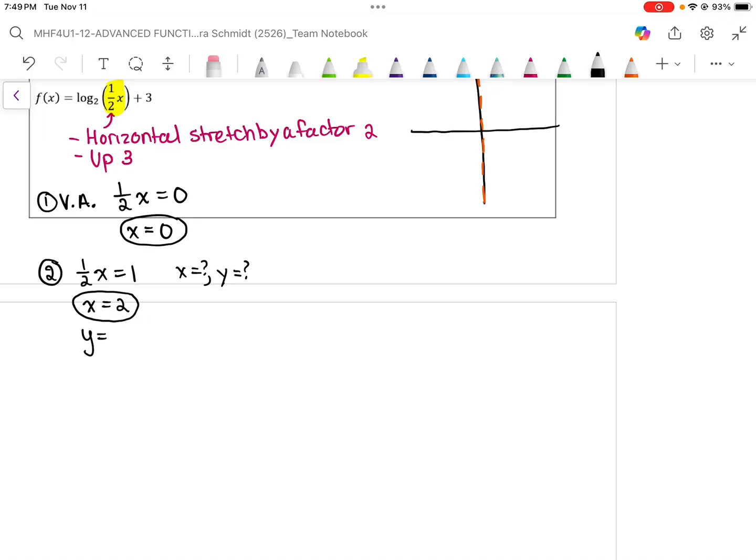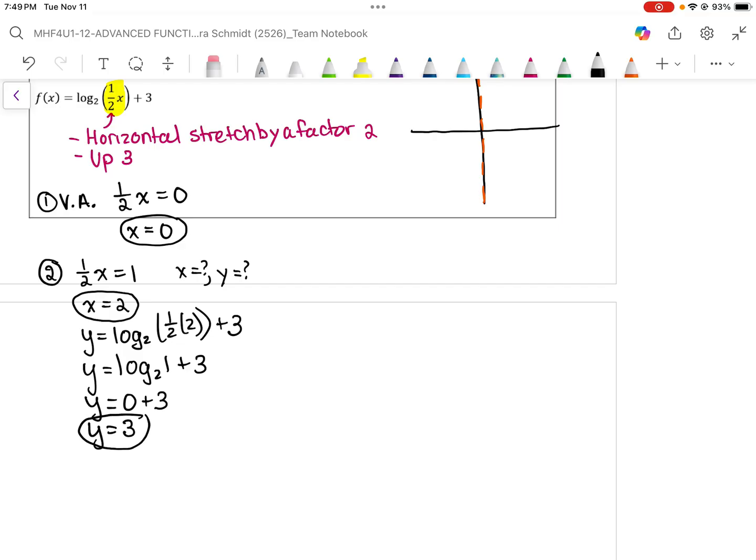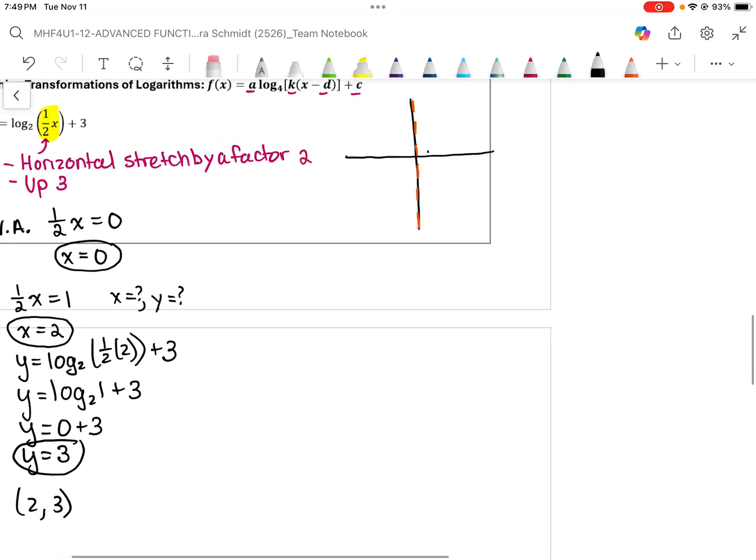So I go back to my original equation, log base 2, 1/2 times 2 plus 3. Y equals log base 2, 1/2 times 2 is just 1, which is what we made it, plus 3. Then log base 2 of 1 is 0. And then 0 plus 3 is 3. So now I know I have a point at 2, 3. So I can plot that on my graph. So at x equals 2 and y equals 3, I'm going to have a point there.